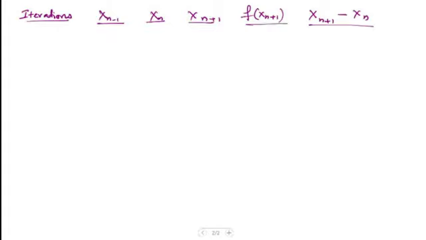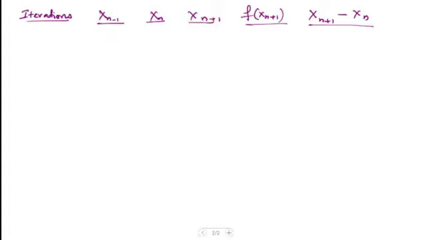In this particular question, this last step is not required, because we are not stopping depending on a tolerance, or the difference between successive x values. We are just stopping at finding x3, but we'll still write it down here.